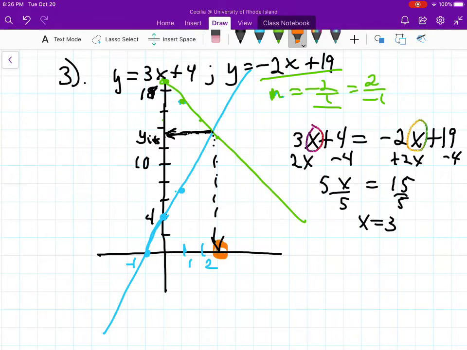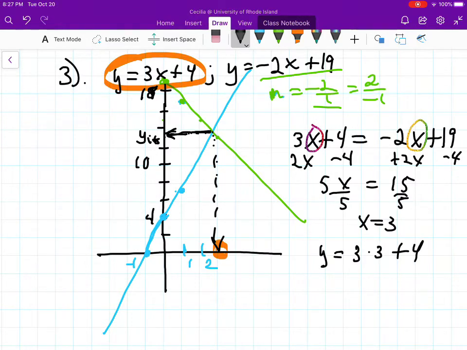And now we want to use that to figure out what's the height. Now we can use either function, but usually, unless you just like to do really hard math, it's easier to choose the equation that has the easier math. So here you can see that 3x plus 4 seems a little easier than -2x plus 19.